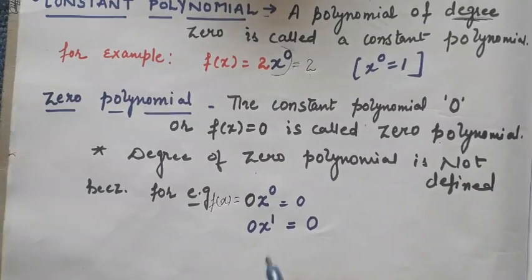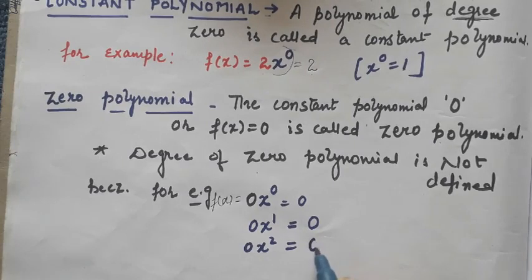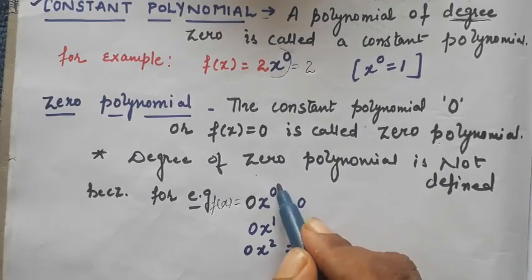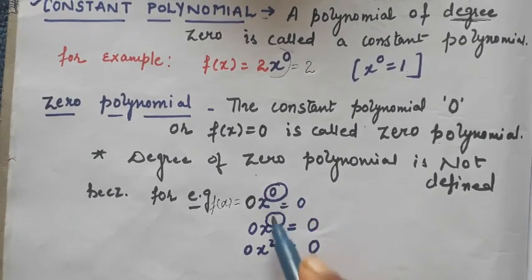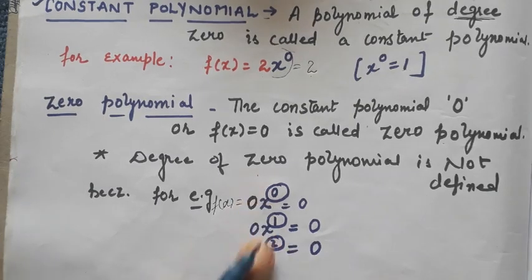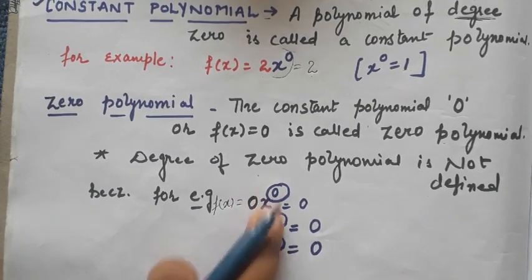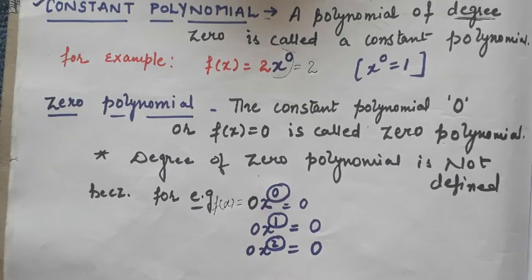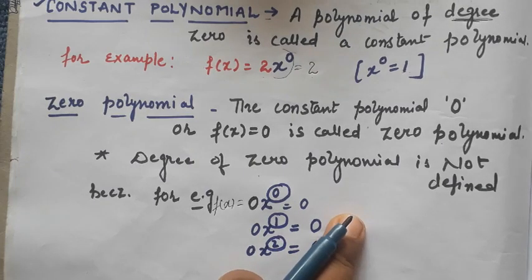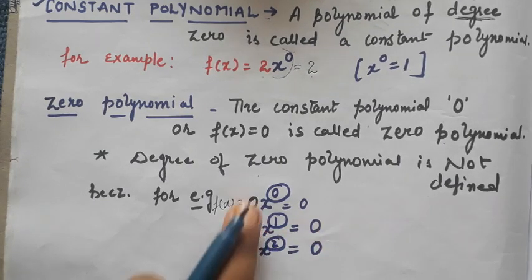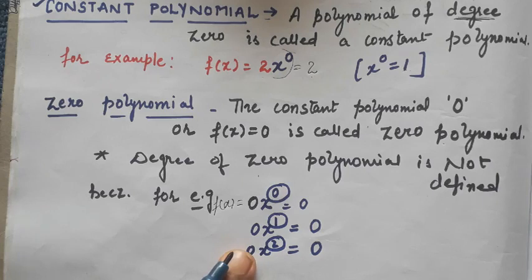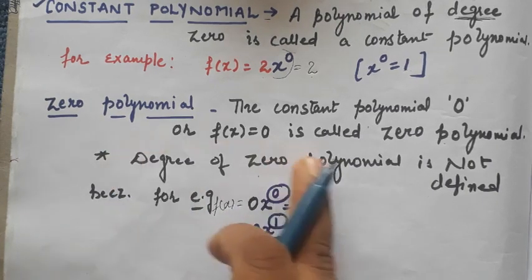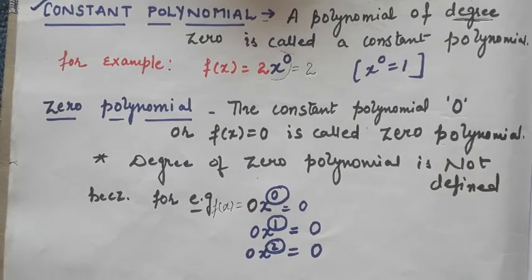If I multiply 0 with x raised to power 2, I also get 0. It means the degree varies, it's not defined, it can be anything. For any degree we get the same answer. Is it clear? That's why we say the degree of the zero polynomial is not defined.